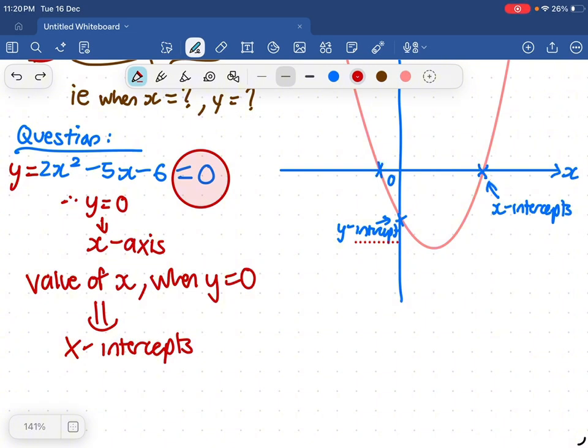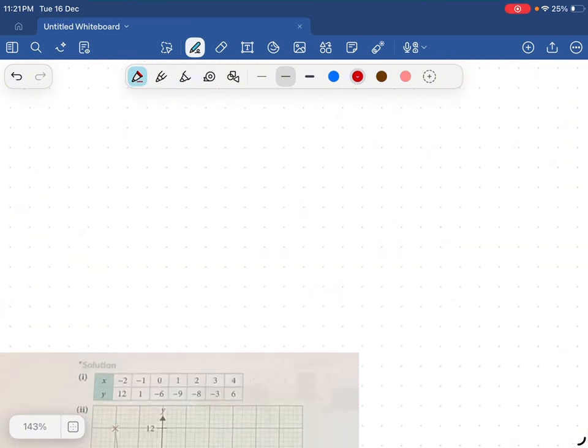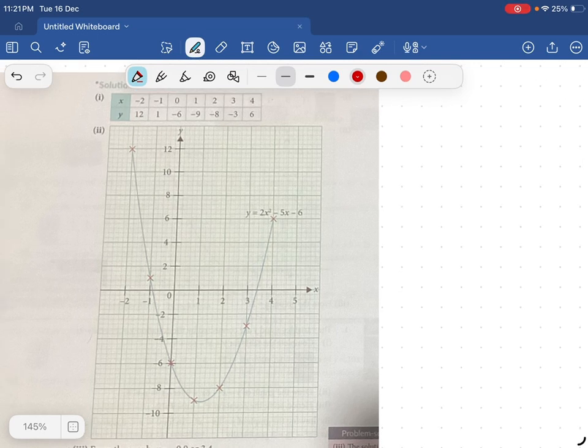Now from here, let's see a simple example. To solve the equation, to find the x-intercepts, you just draw the graph. Then you plot the points. Then you just read the graph by doing the dotted lines or whatever to find your x-intercepts. So now let me give you a little question over here. So this is how your question will look like.